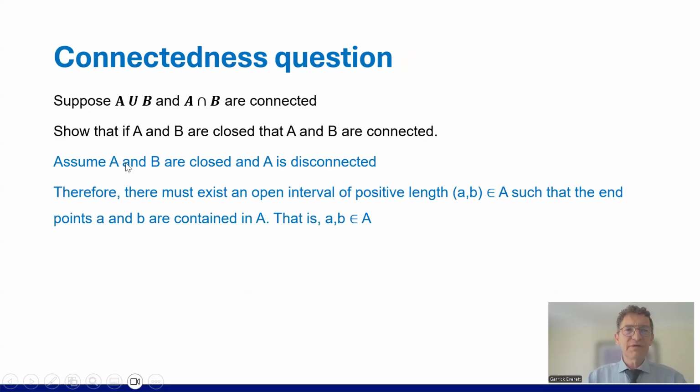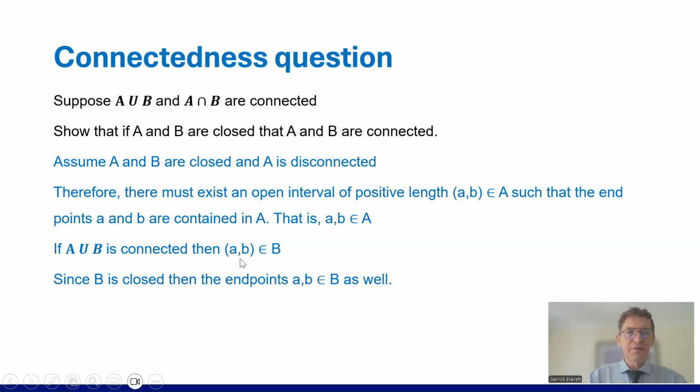So therefore, since A and B are closed, there must exist an open interval of a positive length, the length AB, which is part of A, such that the endpoints A and B are contained in A, that is A, B are elements of A. Right, so you've got the length is in A and the endpoints are in A. If A union B is connected, so we're going back to here, then the length AB is also an element of B. Since B is closed, then the endpoints A and B must be in B as well.